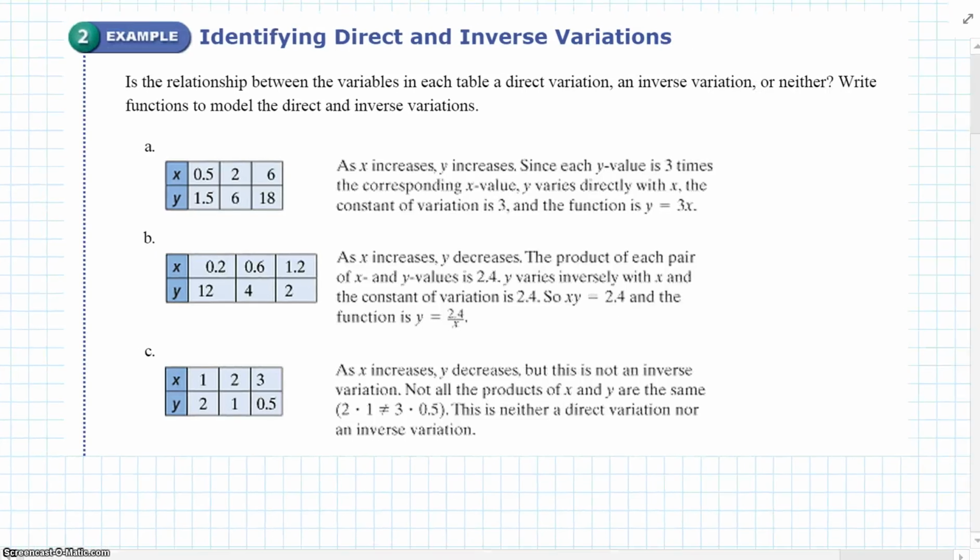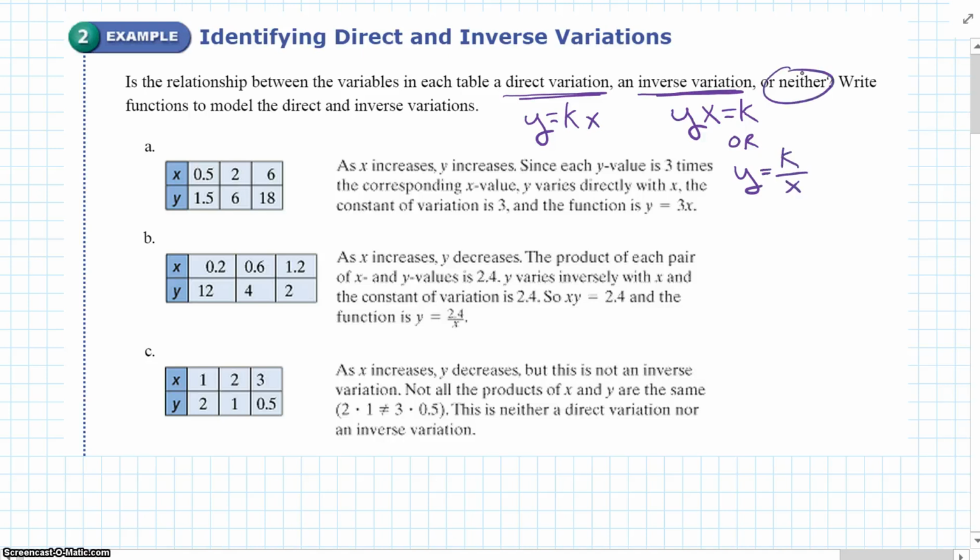All right, identify direct and inverse variations. Is the relationship between variables in each table a direct variation, that means y equals k times x, an inverse variation, that means y equals k over x, or neither?